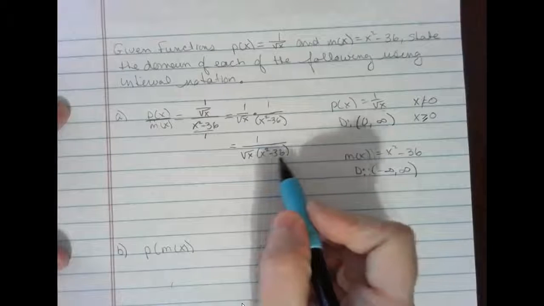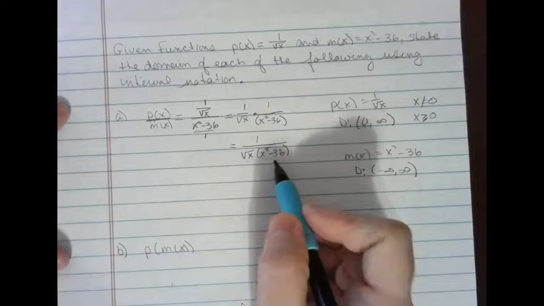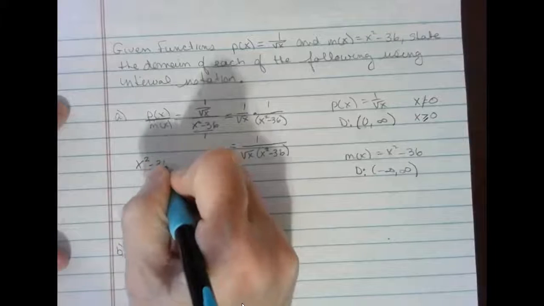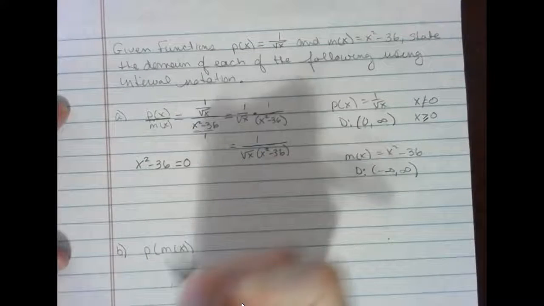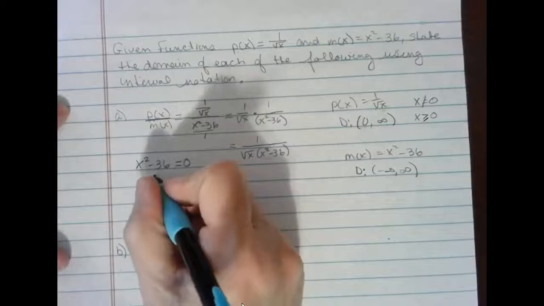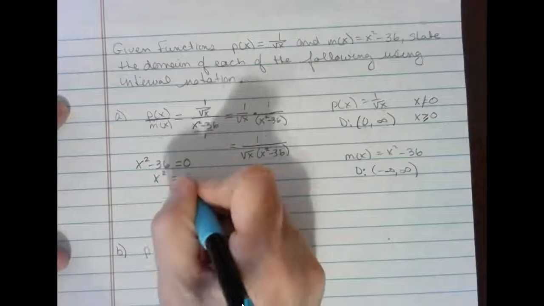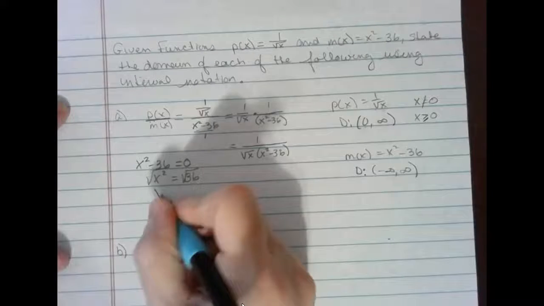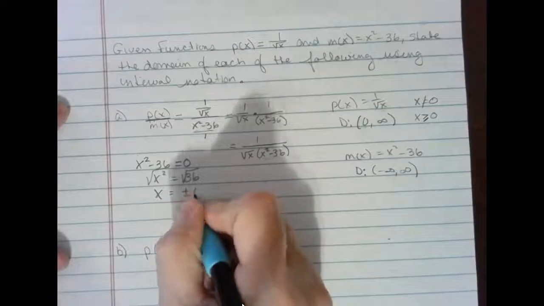However, I've got one more thing here, and that's x squared minus 36. So x squared minus 36, where will that equal 0? Well, x squared equals 36. I can extract the square root. So I get x equals plus or minus 6.